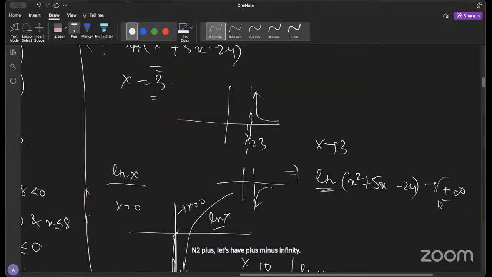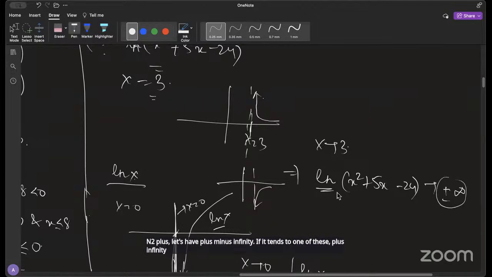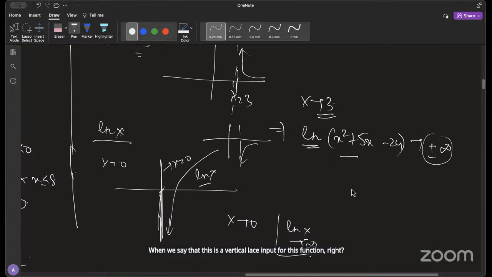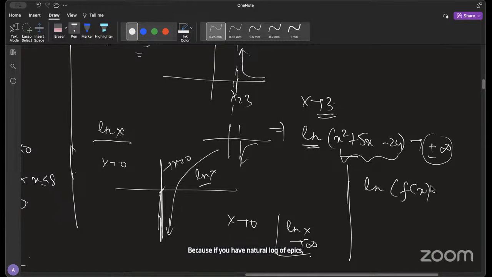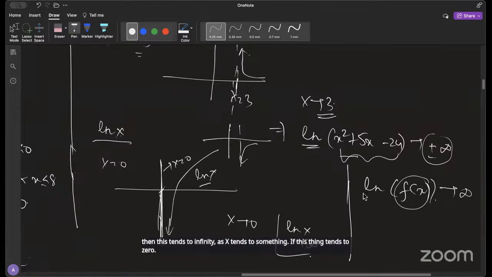If it tends to one of these, plus infinity or minus infinity, then we say that this is a vertical asymptote for this function, right? So let's check. For that, we only need to check if x equals 3 is a zero of this function or not, right? Because if you have natural log of f(x), then this tends to infinity as x tends to something if this thing tends to 0. Natural log of f(x) tends to infinity in magnitude when your f(x) tends to 0, right?